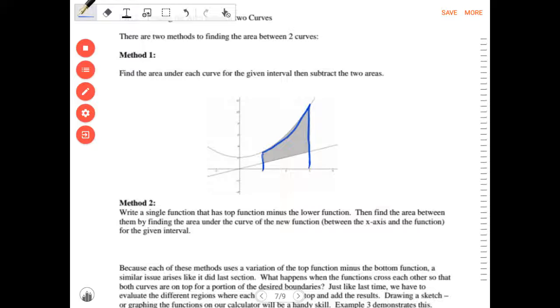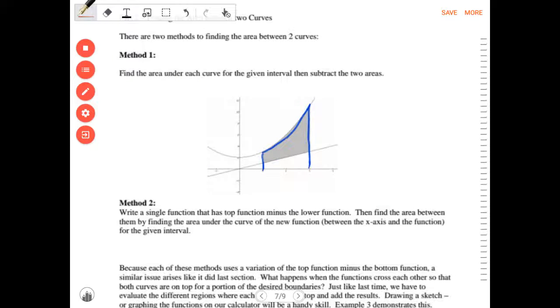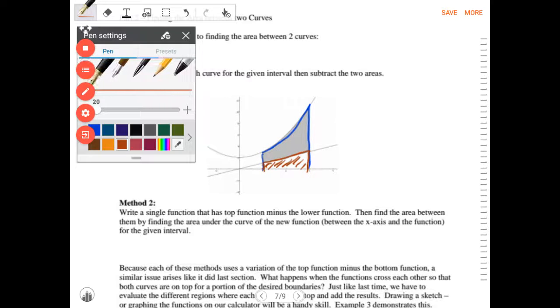Then we do the same thing for this one, here I'll write in red now, and then subtract the two areas. It works, but you have to figure out two integrals, and it's just a lot.